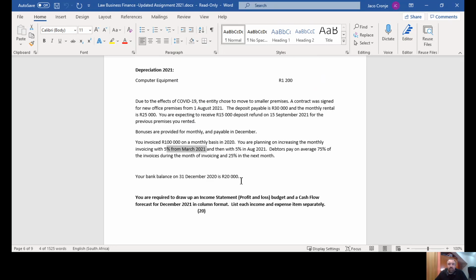So there they give us the opening balance for my cash flow forecast. In the little training example we did, there was no opening balance because it was a new firm. In this case, we will have an opening balance.